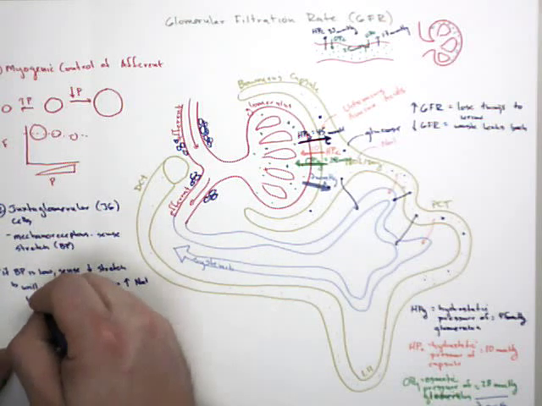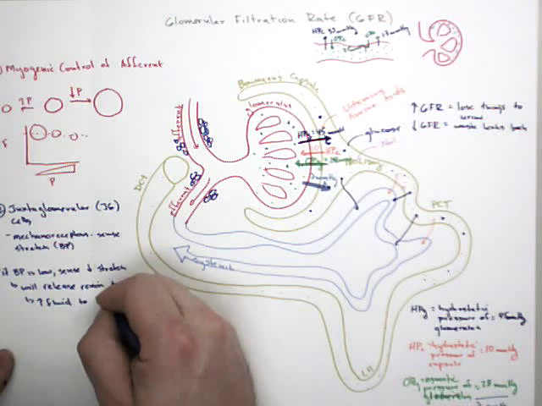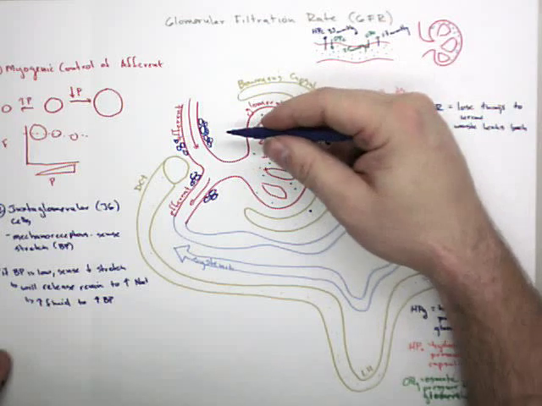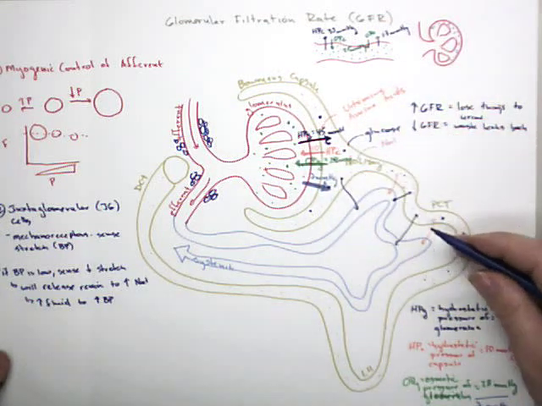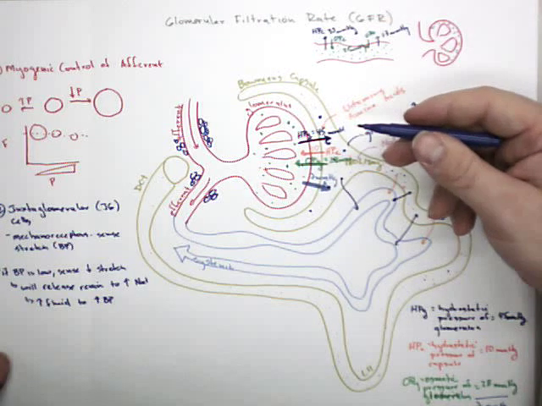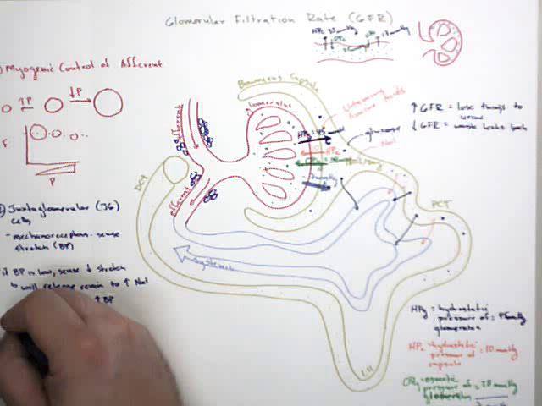This will increase fluid to increase blood pressure. If the whole problem was that blood pressure is too low, then everything will go through so slowly that we'll pick back up waste. If we can increase fluid in the system and get blood pressure back up, then we'll increase GFR.